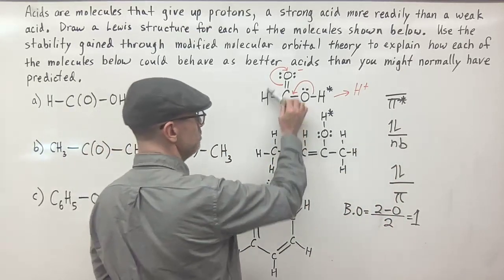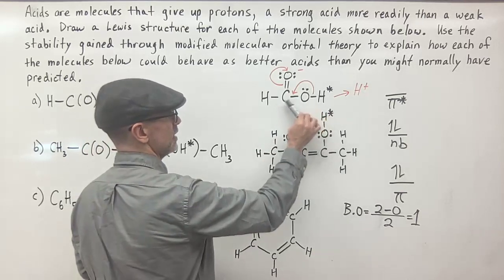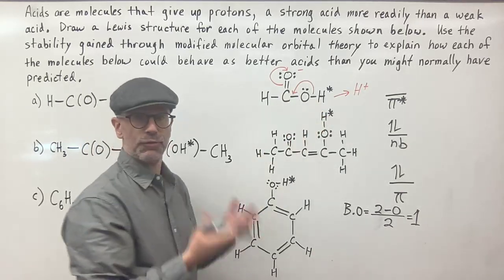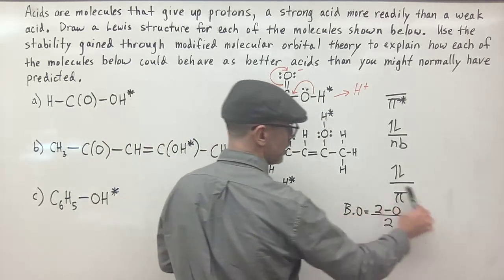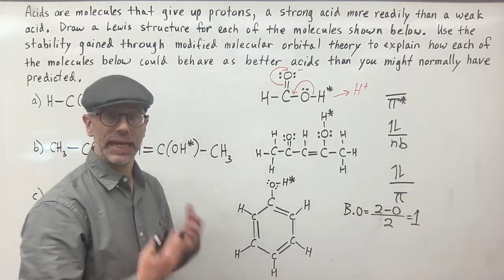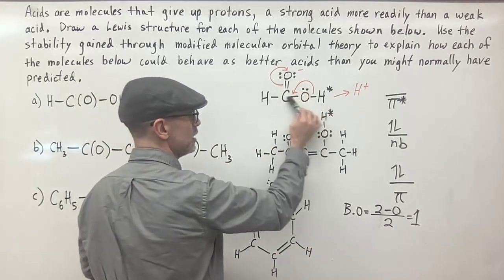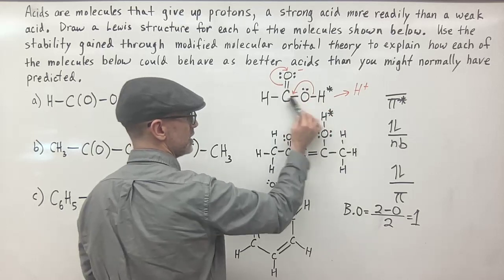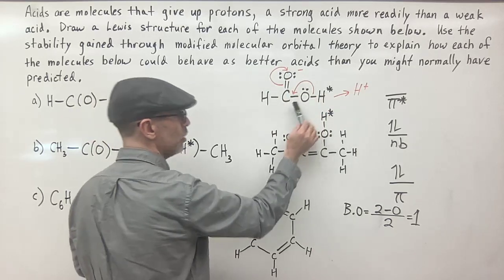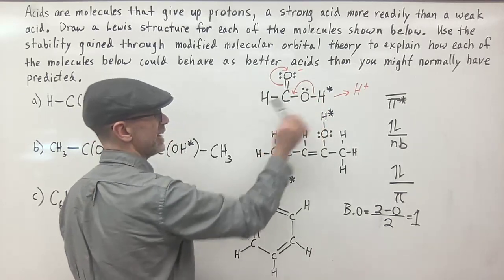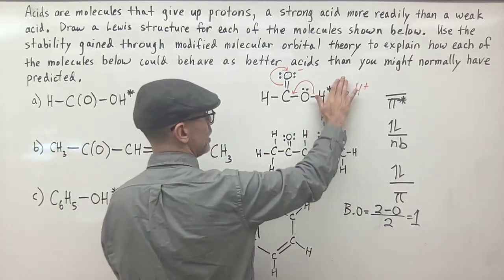So here, I guess the upshot would be, if you have resonance, without referring to resonance, we can talk about the bond order due to the electrons in the molecular orbitals. And so there's delocalization here, and that delocalization of the electrons in the pi bond allows for this to be more stable. This oxygen is more stable. The ion is more stable when you get rid of the hydrogen.